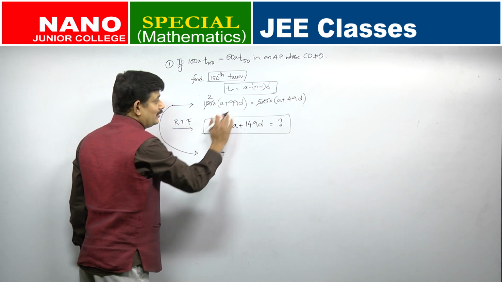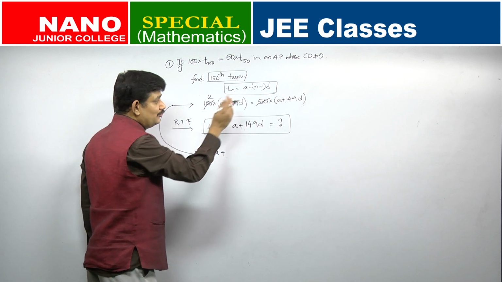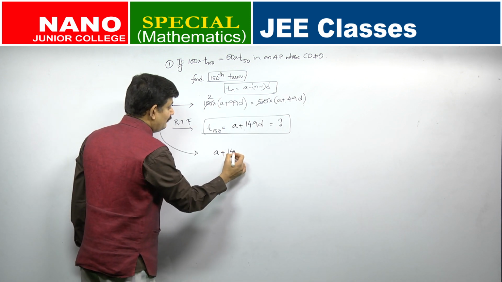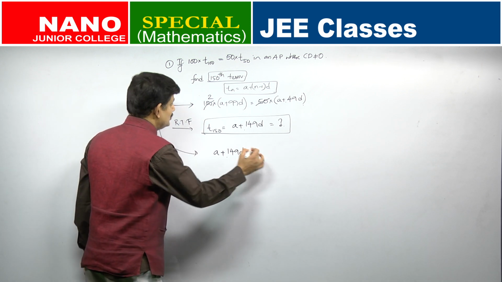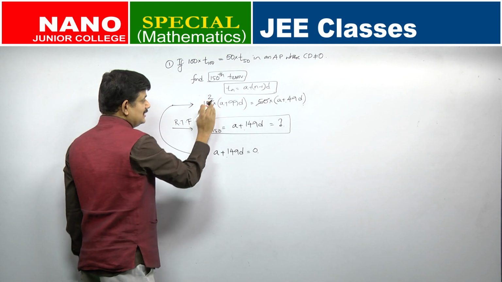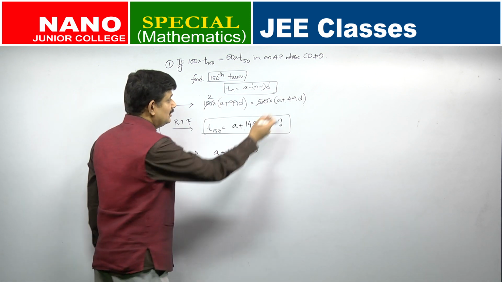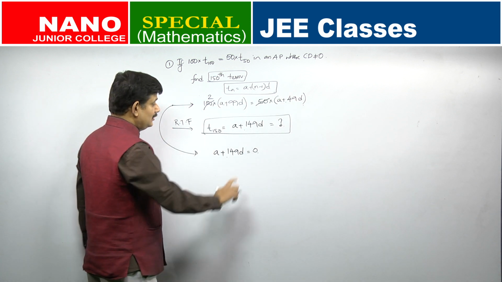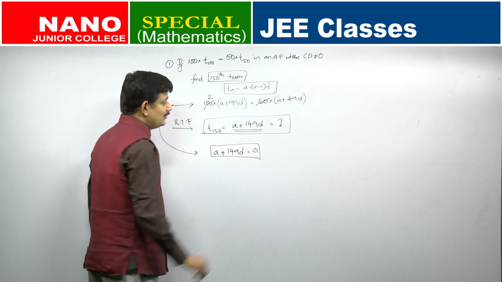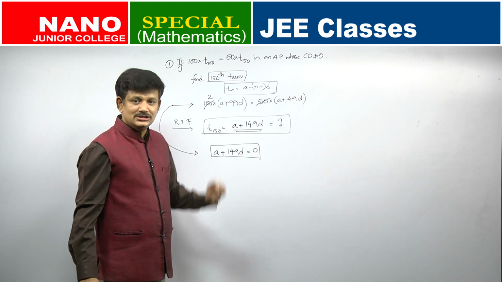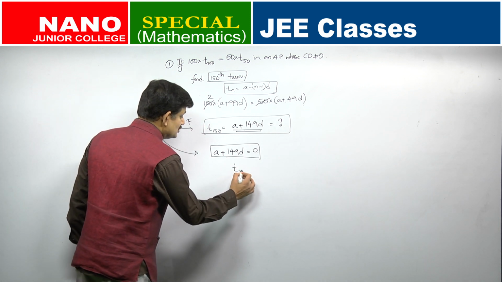Bringing this term here, 198 d minus 49 d leaves 149 d. The right side is 0. So 2a minus a is a, and 198 d minus 49 d is 149 d, equal to 0. And what you have to find is a plus 149 into d, and it is 0. So, T 150, the 150th term, is 0.